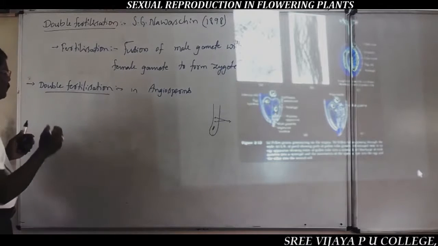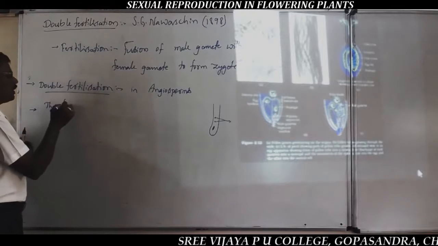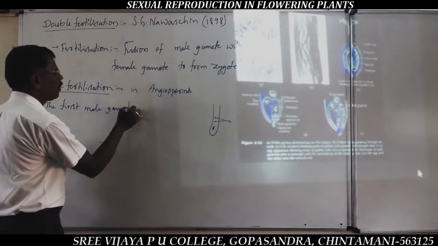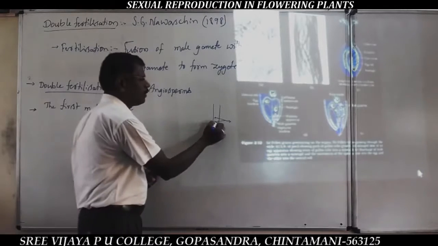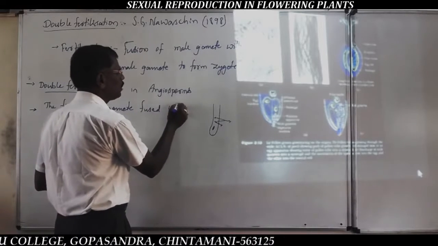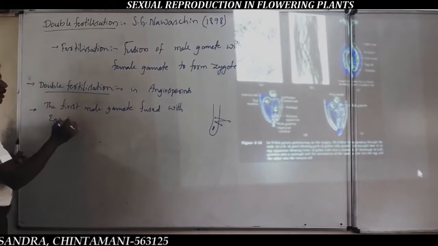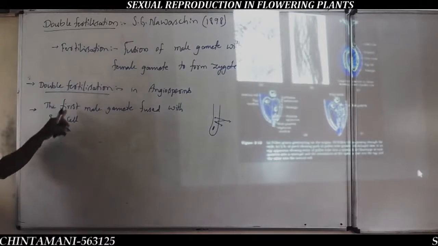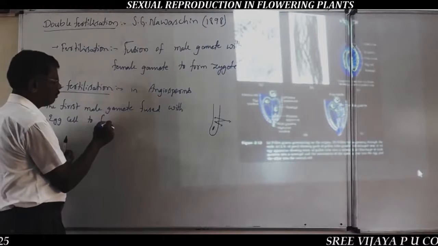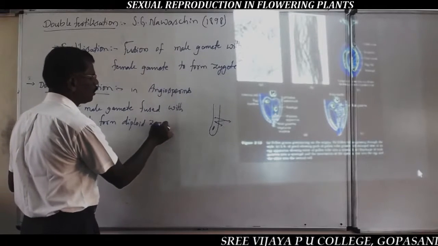The first male gamete fuses with the egg cell to form a diploid zygote.